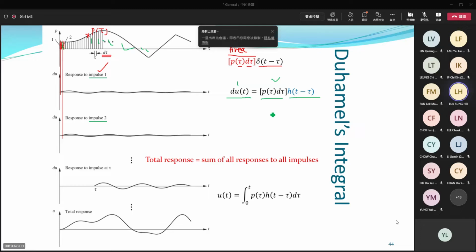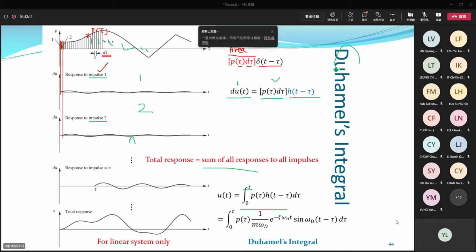How to add up all the responses together? How to add up response 1, response 2, response n together? Adding up all the responses means doing the integration. Integrate our response from time equal to 0 up to your target time instant t. So this is the so-called Duhamel integral.